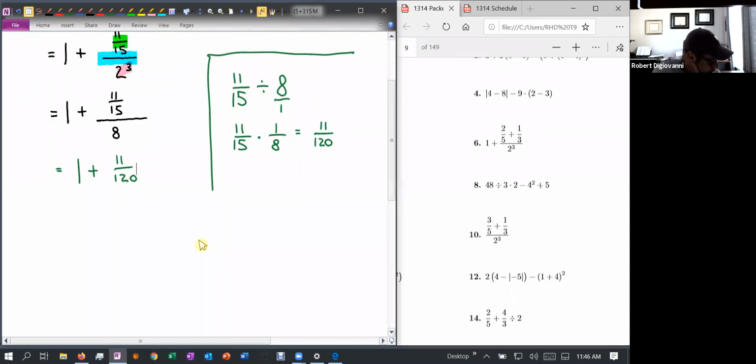Now we have to add those two together. How are we going to add those two together? Write it as 1 over 1 plus 11 over 120. We can do that, right? And then use that shortcut for addition that we talked about last time. Here, here, and then across the bottom.